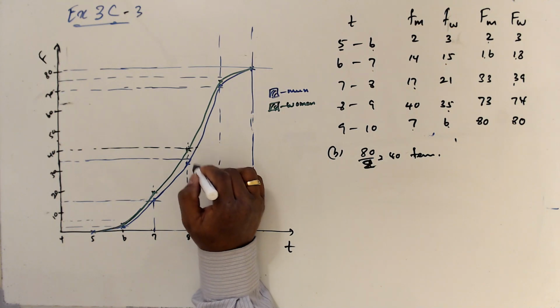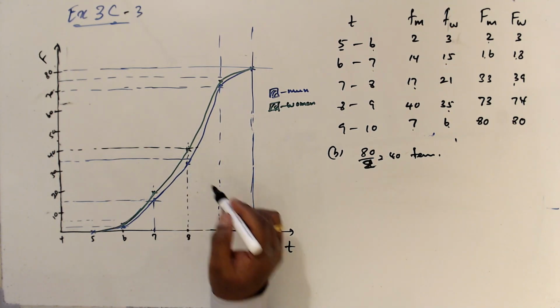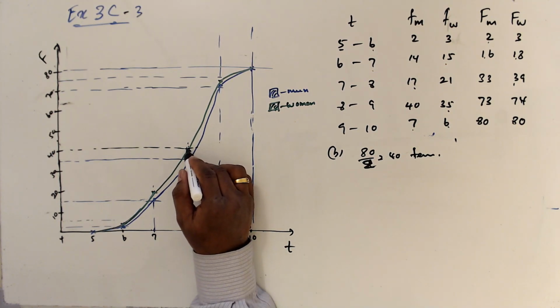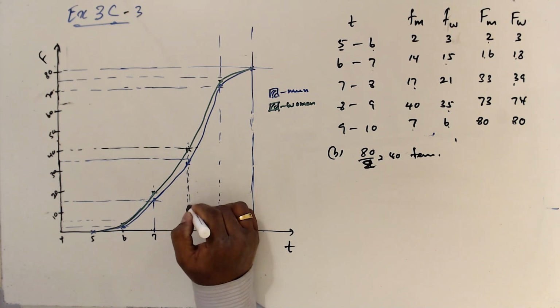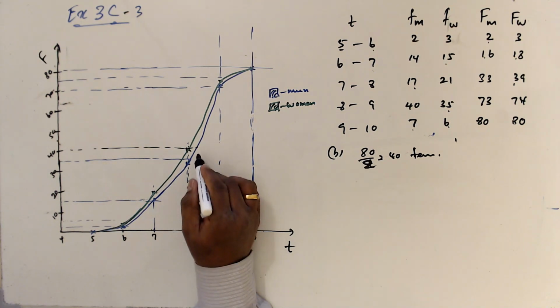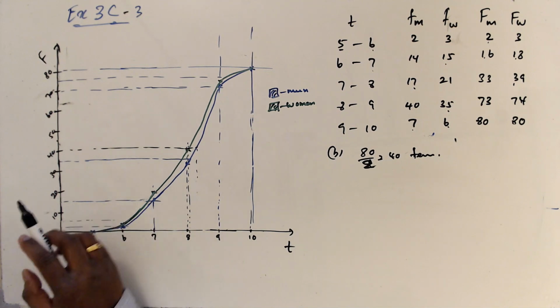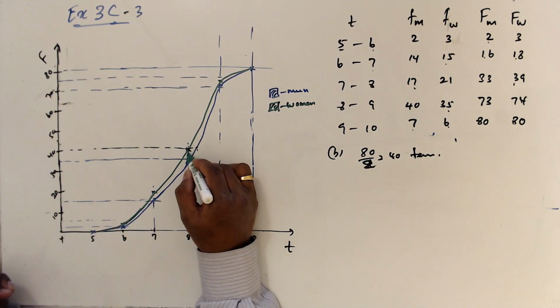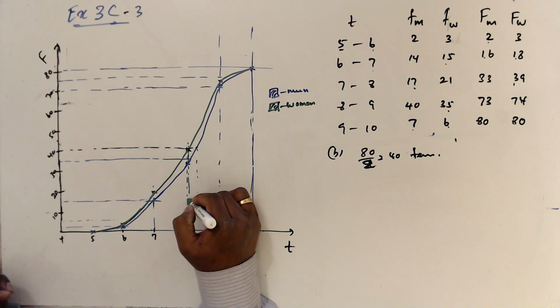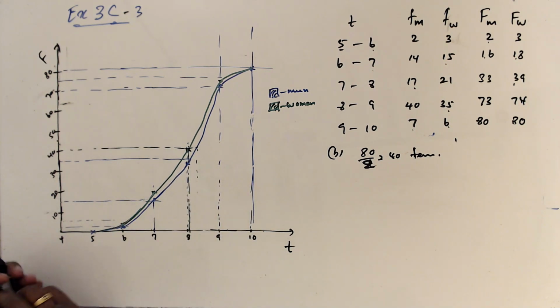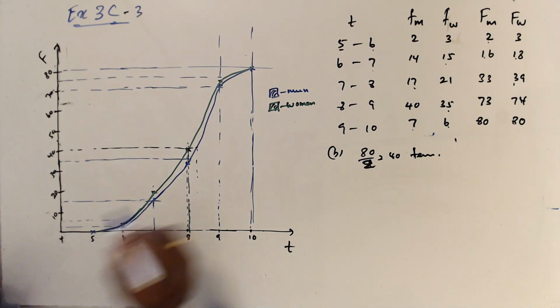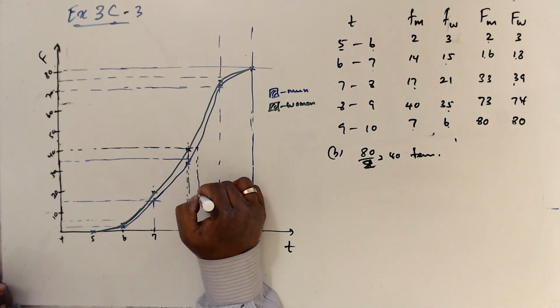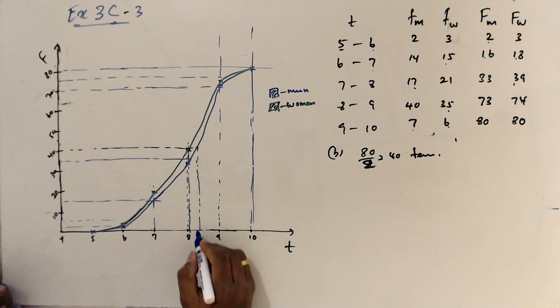Then I can see that this value is going to be women and this value is going to be men.